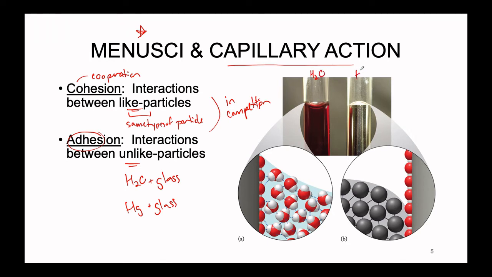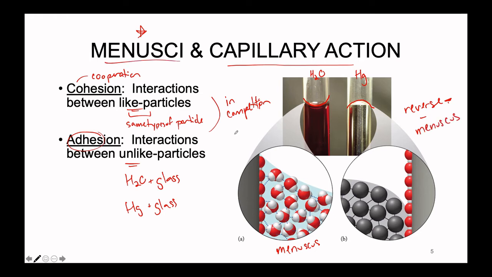And on the right-hand side, we have mercury. So water, we'll just talk about this first, present inside of this glass tube, forms what we call a meniscus. Mercury, on the right-hand side, with this concave lump on top, forms what we call a reverse meniscus.